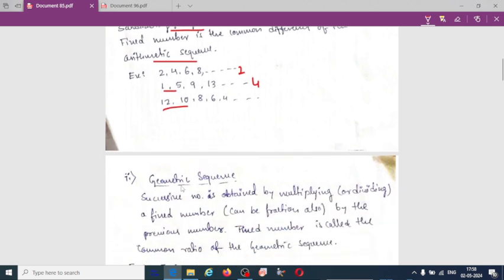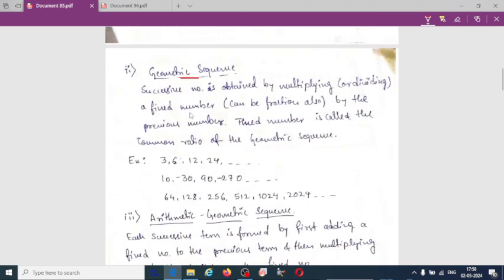Now the geometric sequence. Here the successive number is obtained by multiplying or dividing the previous number by a fixed number. The fixed number is called the common ratio of the geometric sequence. For example, 3, 6, 12, 24.